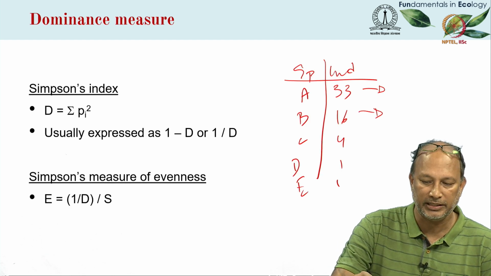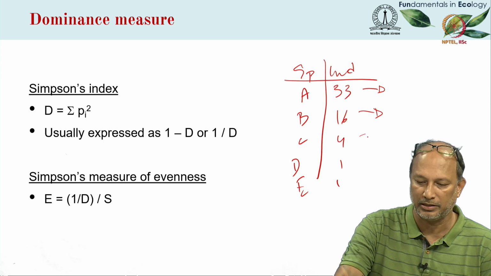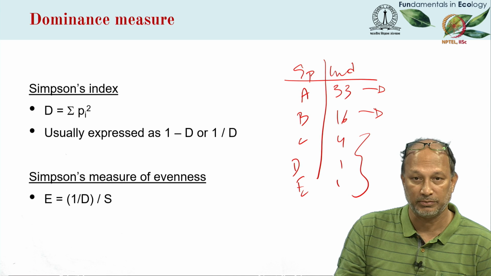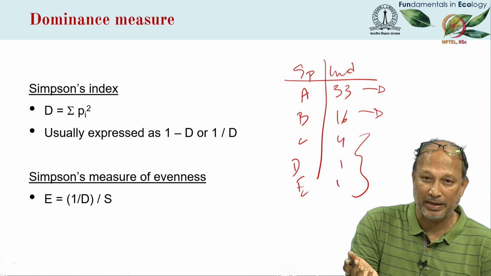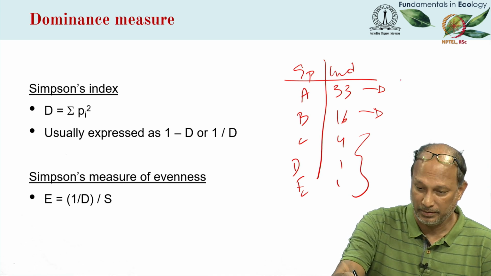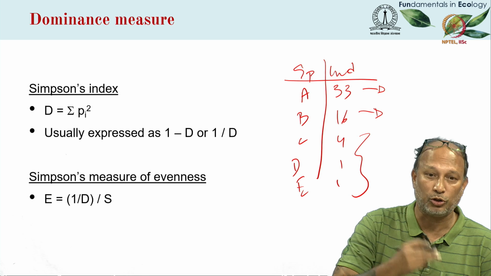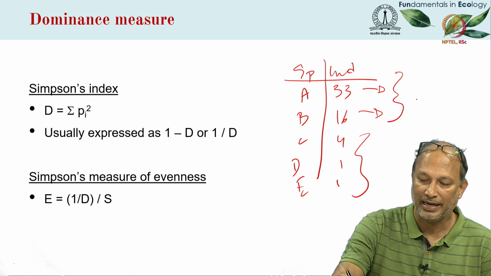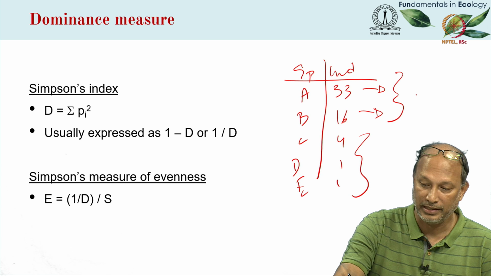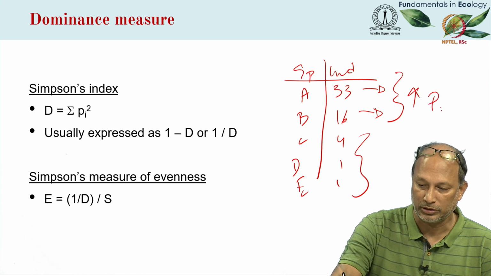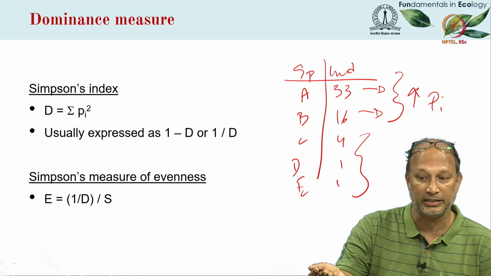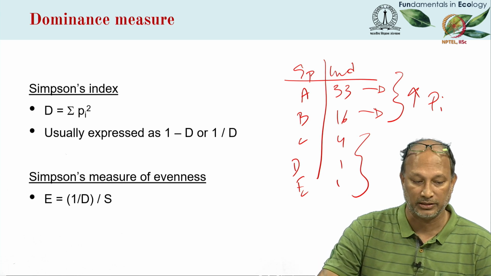Adding a few rare species or removing rare species or changing their abundances, because those proportions are so small, tends not to affect Simpson's index at all, because it's simply pi squared. The largest values contributing to your index are the ones that come from the species that have the highest proportions, right? And so it's sensitive to changes in those species, and that's why it's known as a dominance measure.